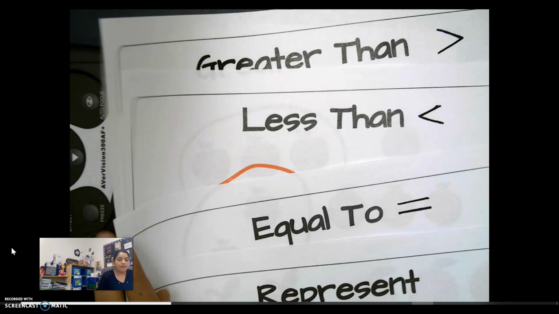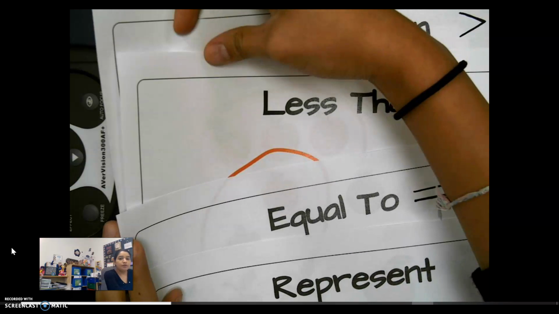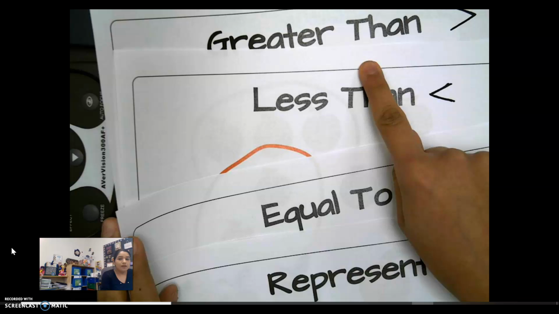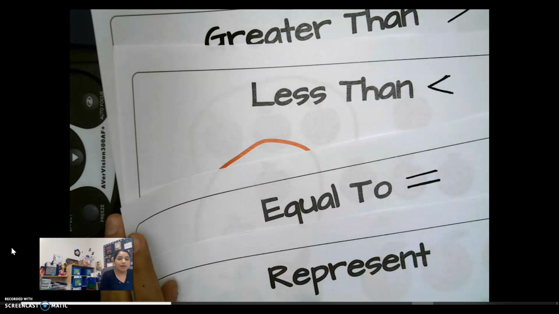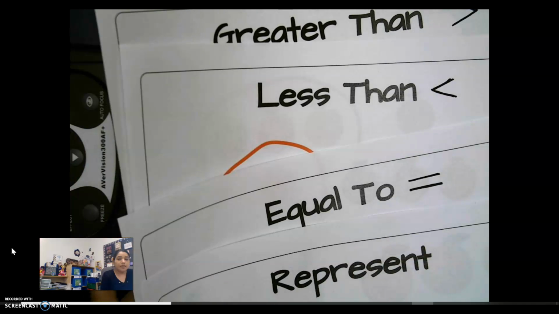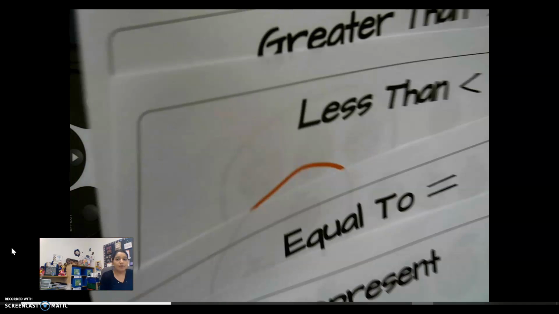And for today's assignment, you're going to go ahead and draw the 4 new vocabulary words that we learned. Which ones are the 4 new vocabulary words? I'm going to put them right here. We learned greater than, less than, equal to, and represent. These are the 4 new vocabulary words we learned.